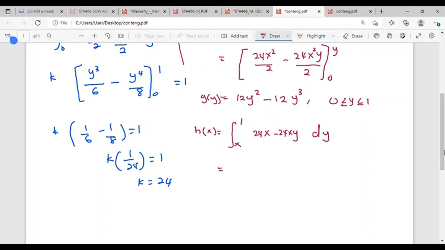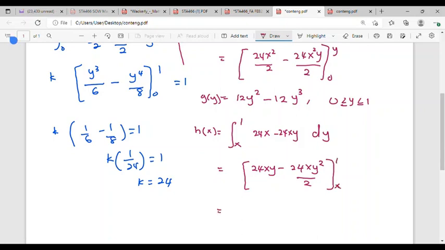So we integrate with respect to y. So you will get 24x, 24x y squared divided by 2, x.